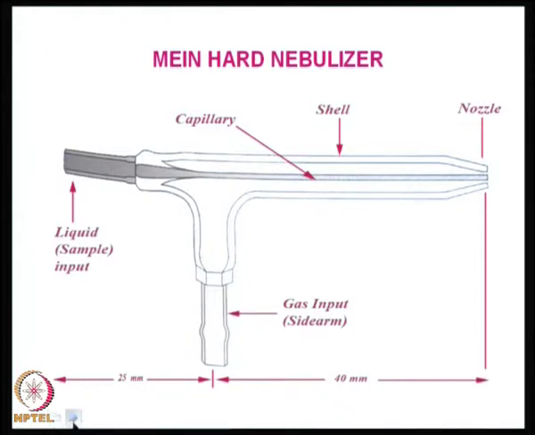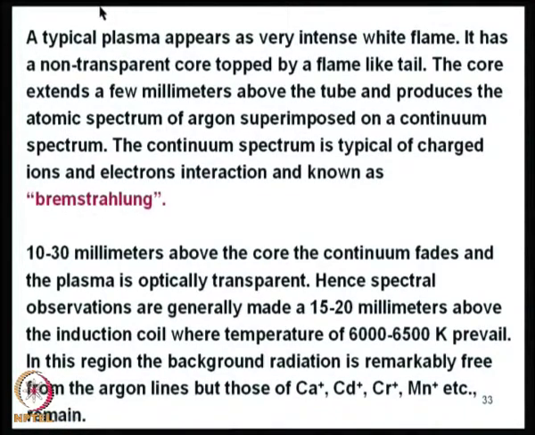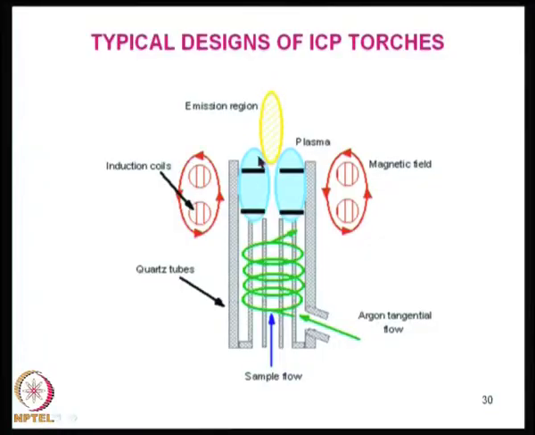So, a typical plasma appears as very intense white flame. In most of the ICP instruments, you will not be able to see the plasma as such, but you will see something like a small white flame, and this I had shown you here in this region.